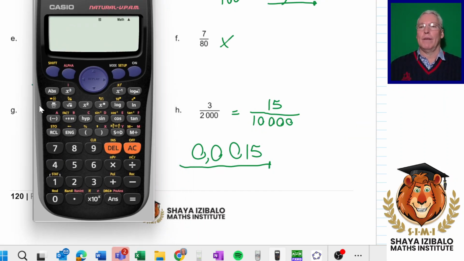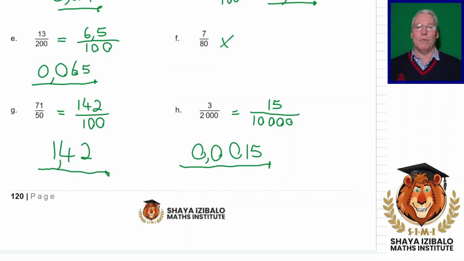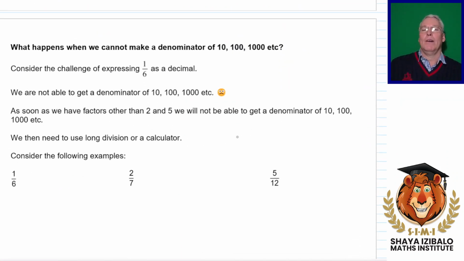Again, if we go 3 over 2000 and we put it into decimal form, there it is. The calculator actually shows it to us in what we call scientific notation, which we're going to be talking about next term.